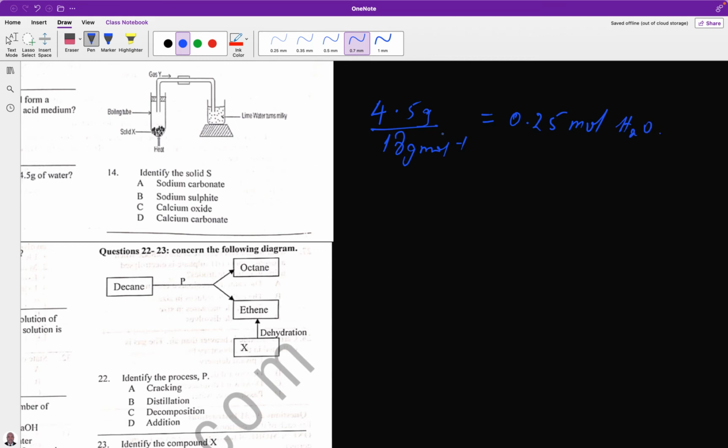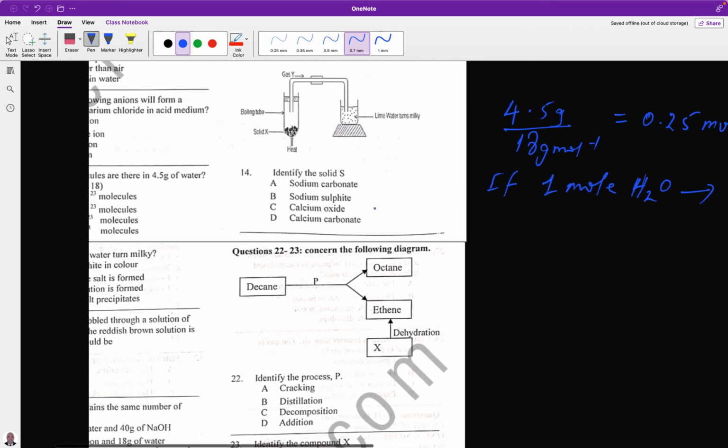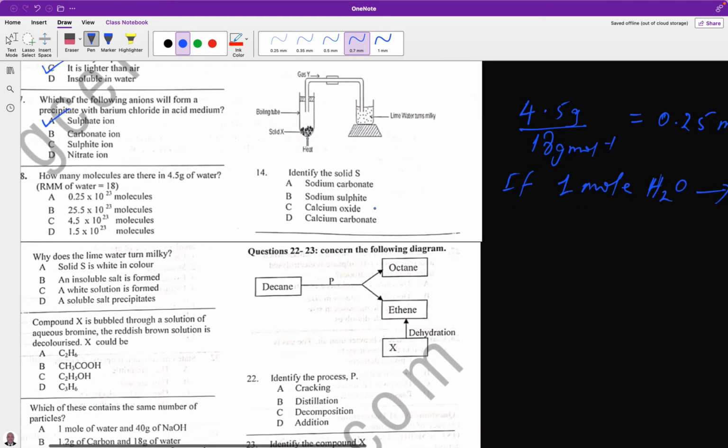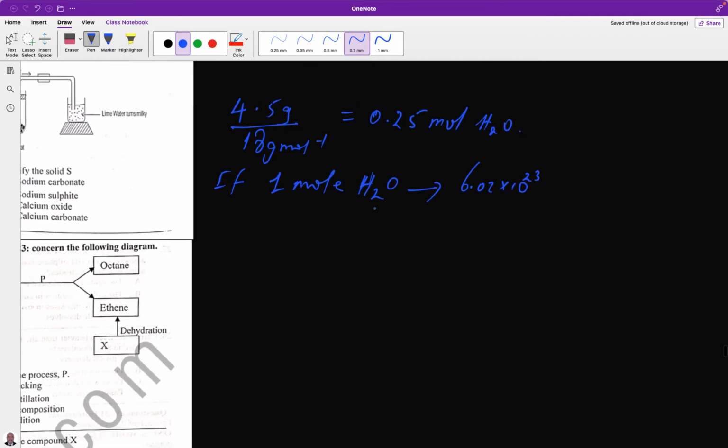So in this case, we can now say 1 mole of water, which is 18 grams per mole, can give 6.02 times 10 to the 23rd molecules. Because they have said how many molecules are there, the particles there are molecules.